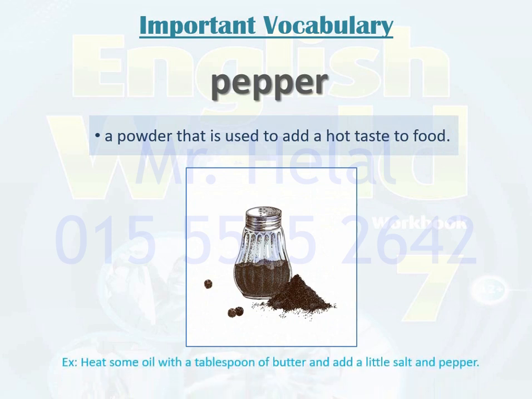Example: Heat some oil with a tablespoon of butter and add a little salt and pepper. يعني سخن شوية زيت ومعاهم معلقة من الزبدة وبعد كده ضيف القليل من الملح والفلفل.